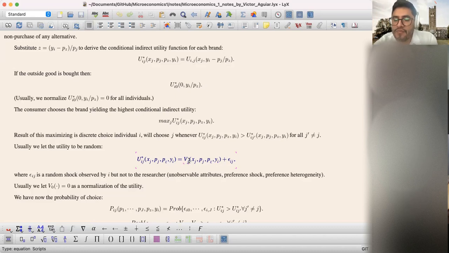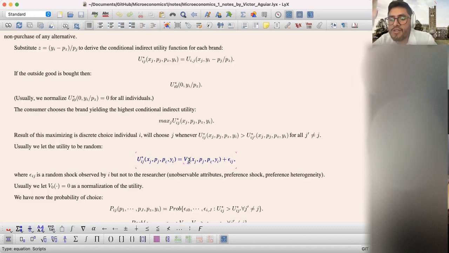And this stochastic term is going to be, of course, changing with individual, but in a stochastic way, being independently distributed according to some fixed distribution, therefore identically distributed. And there is going to be an epsilon per alternative. So the way shocks affect you is going to change by brand of car. There's going to be a shock for Honda, a shock for Chevrolet, and whatever other brands you want, GM. So do you understand this approach?